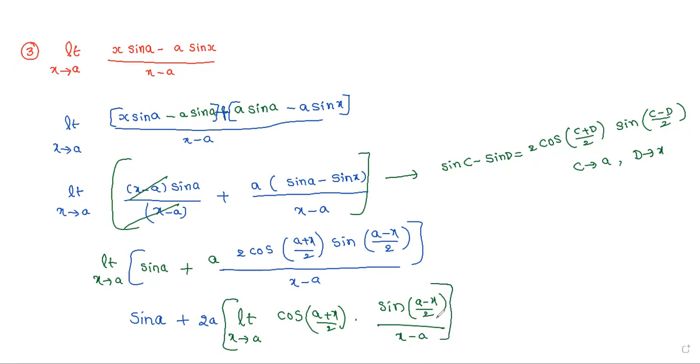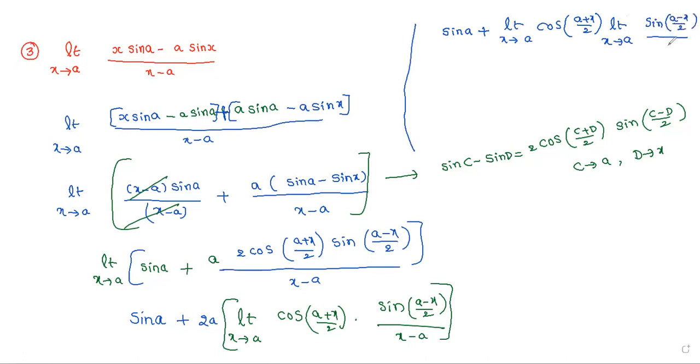Apply the limit on all sides. Sin a plus limit x tends to a of cos of (a plus x) by 2, limit x tends to a of sin of (a minus x) by 2 by x minus a.